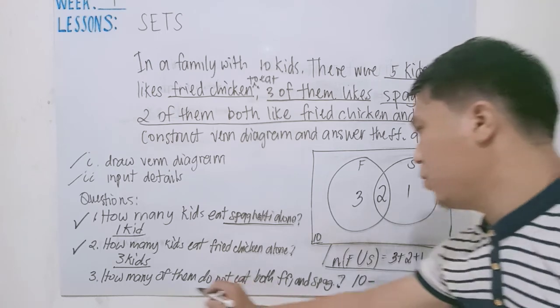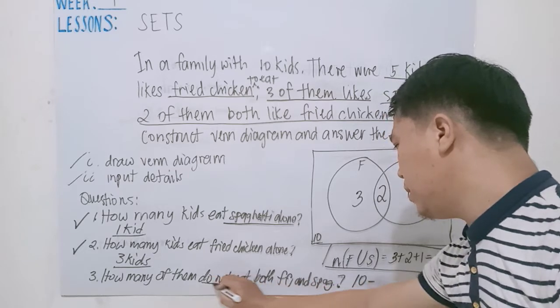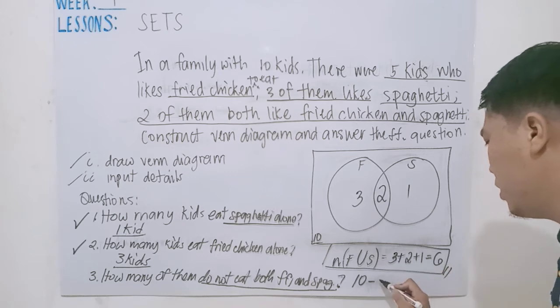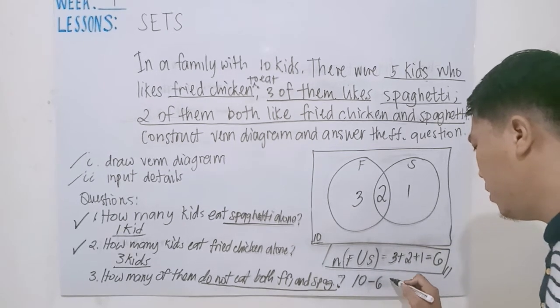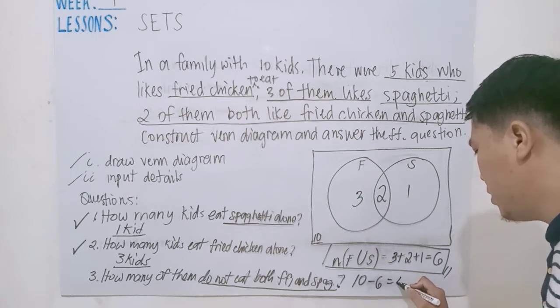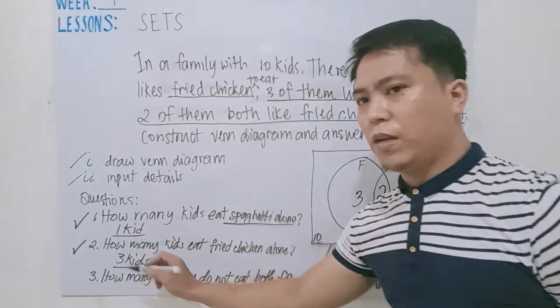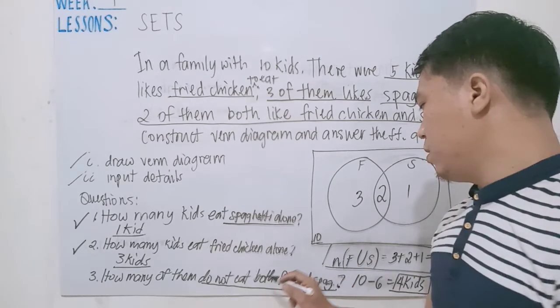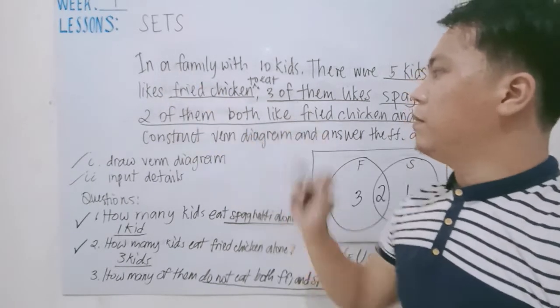We are asked to find the number of kids who do not eat both spaghetti and fried chicken, so we're going to deduct 6 from 10. That is why the number is 4 kids. So there were 4 kids in the family who do not eat both fried chicken and spaghetti.